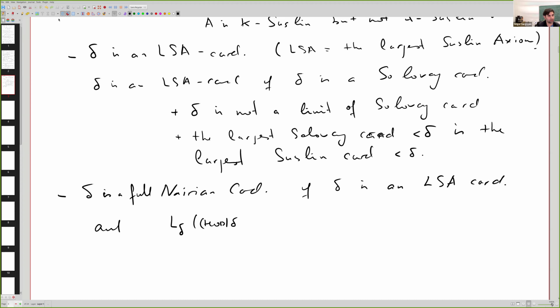Just to be precise here, I have to actually say the union of the Ω-sequences up to beta less than delta. Well, that part is not important.